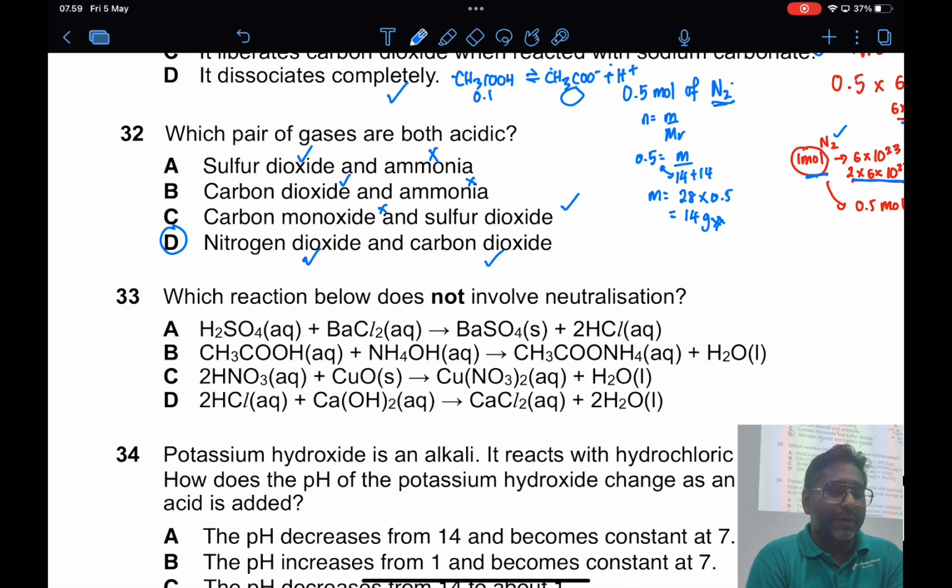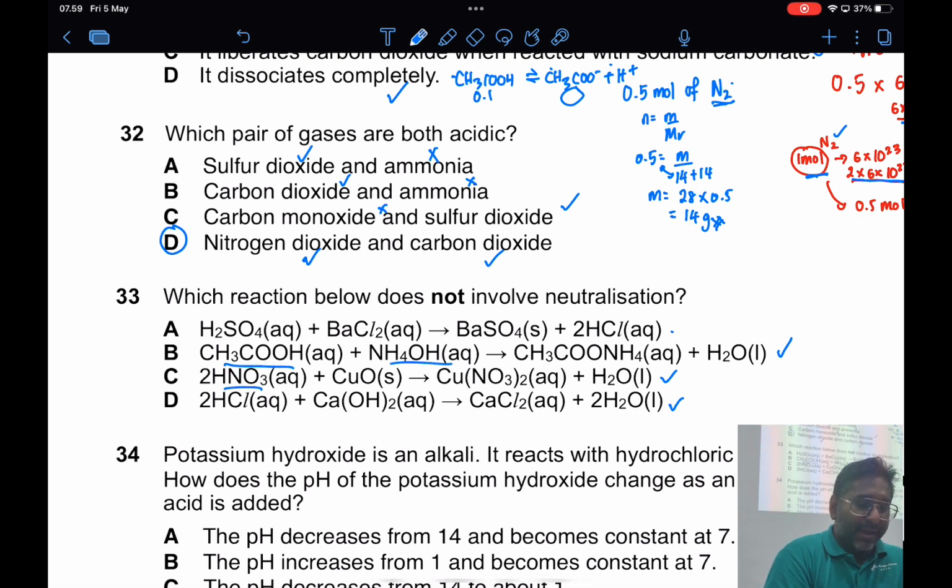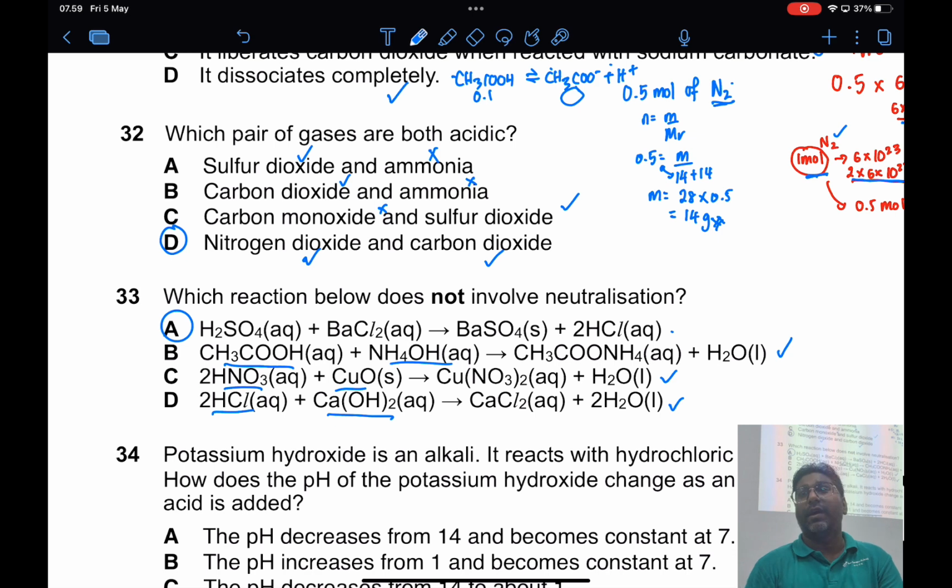In this case, there is going to be water, water, water. You can see there is no water in equation number 1. Just double check: this is acid, this is base, this is acid, this is base. So this is the reaction that does not involve neutralization.